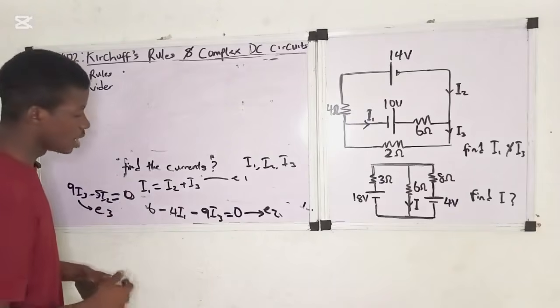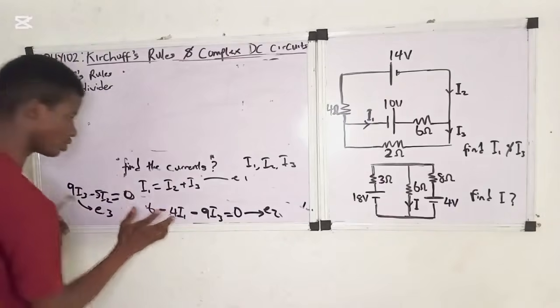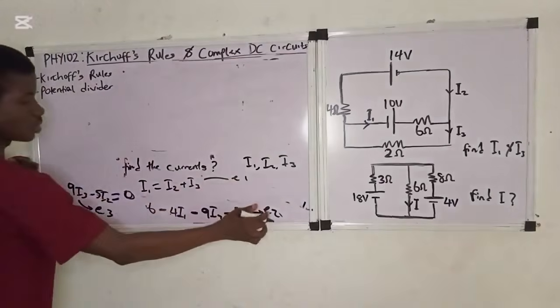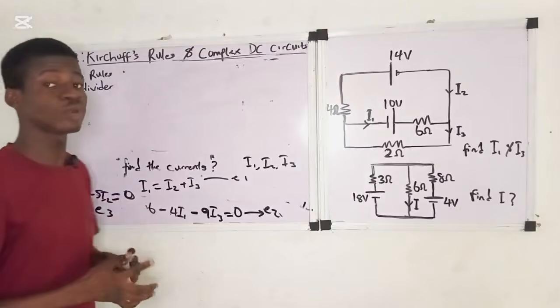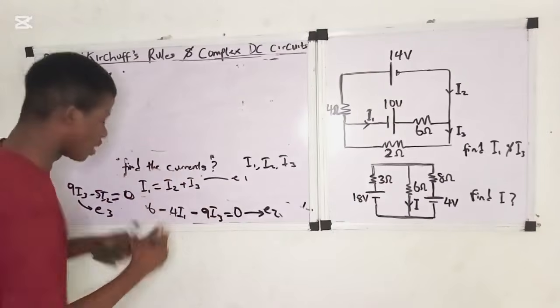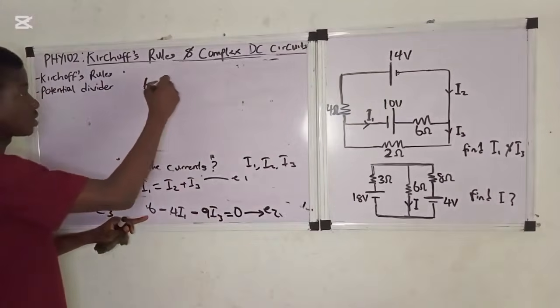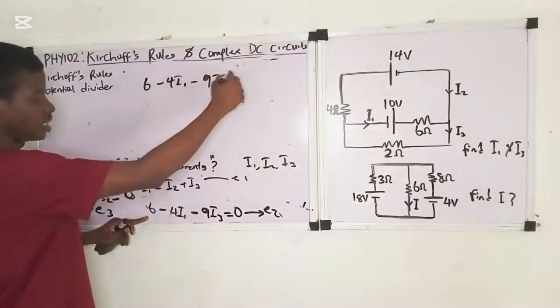Yes. So now I want to look for I1, I2, I3. How are we going to look for it? Let's make use of equation 2 and equation 3. To solve this type of question, we make use of simultaneous equations, and we will use the elimination method. This equation is 6 minus 4I1 minus 9I3 equals 0.